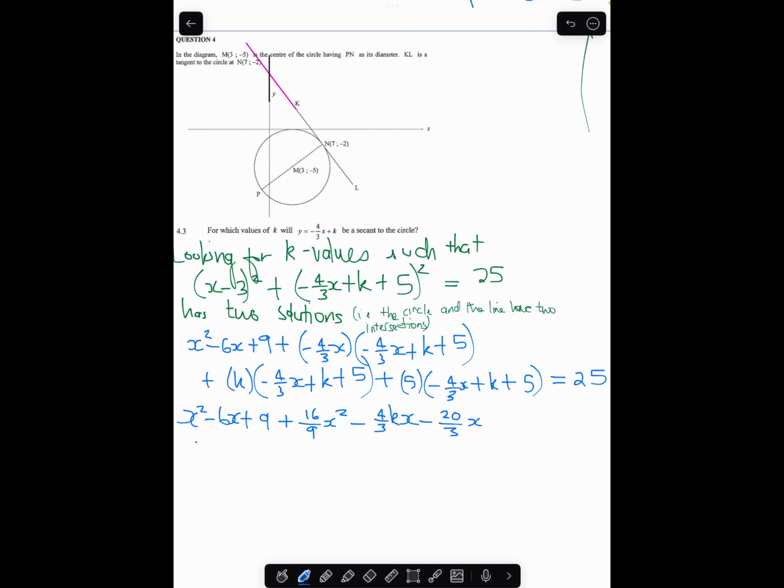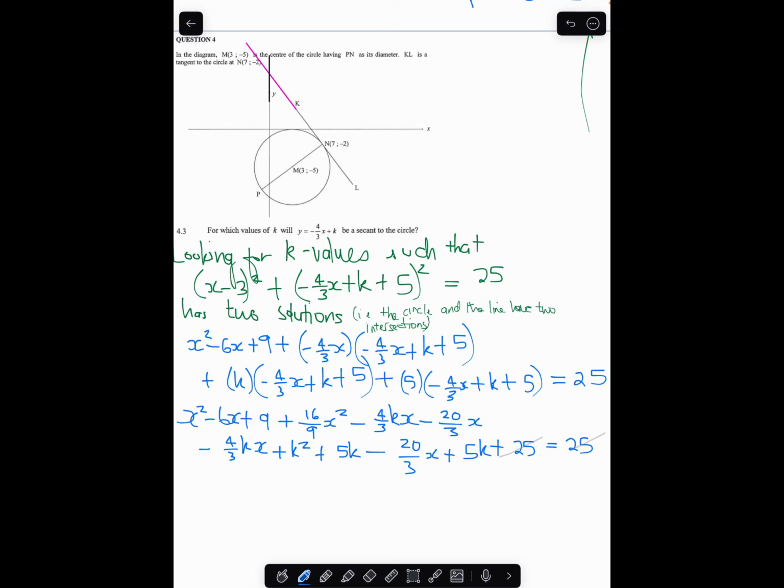And then down here we have minus 4 over 3kx plus k squared plus 5k minus 20 over 3x plus 5k plus 25 is equal to 25. Okay, so we can already see that these guys are going to cancel out, right? If I minus 25 on both sides.